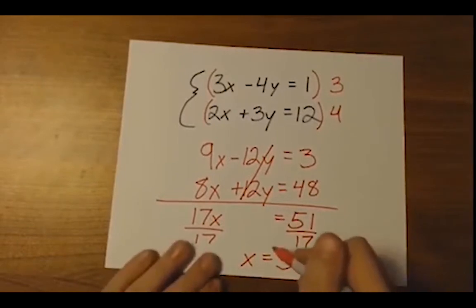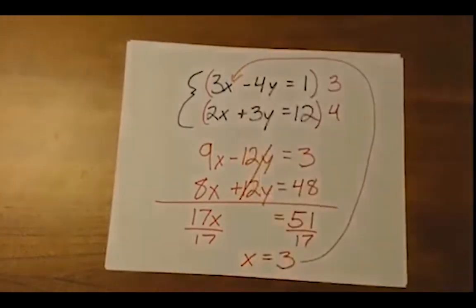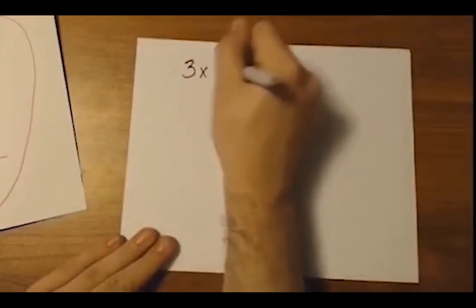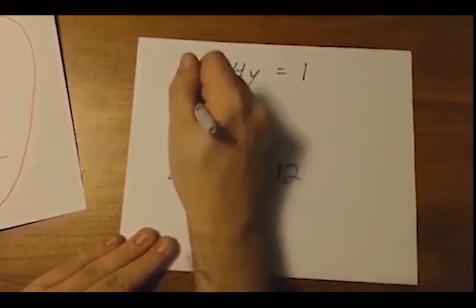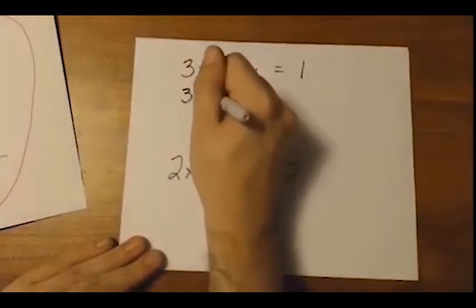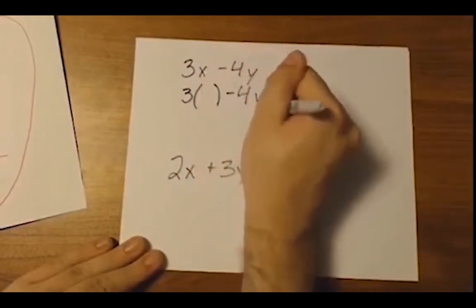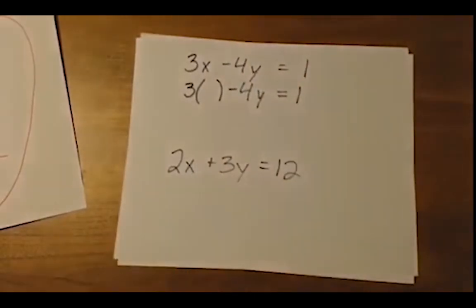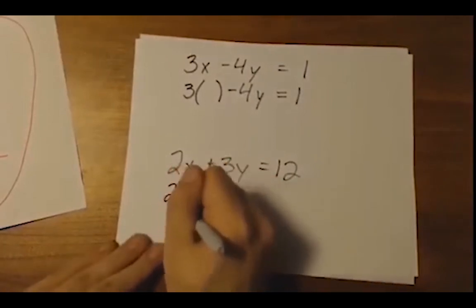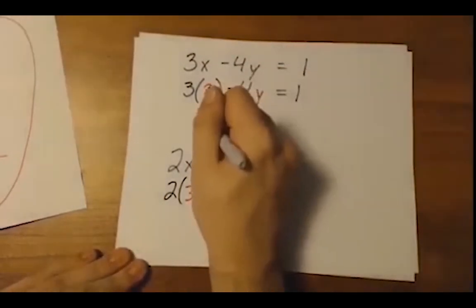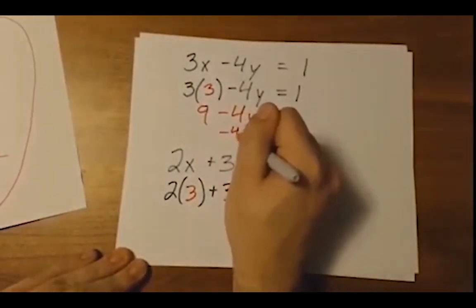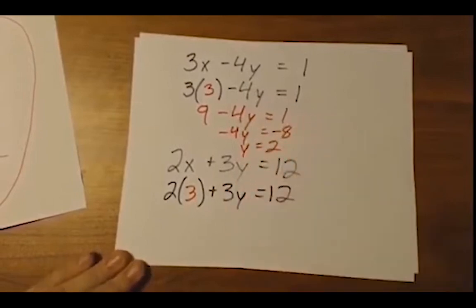We're going to take that x equals 3, plug it into either of the two original equations, and notice either way, whether we're doing 3x minus 4y equals 1, or 2x plus 3y equals 12, when we plug in three for x, nine minus 4y equals 1, which means negative 4y equals negative 8, which means y equals positive 2.